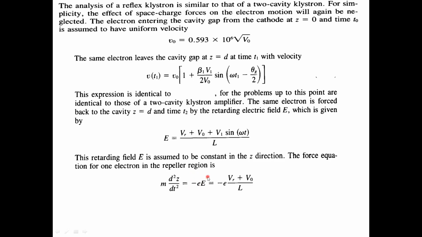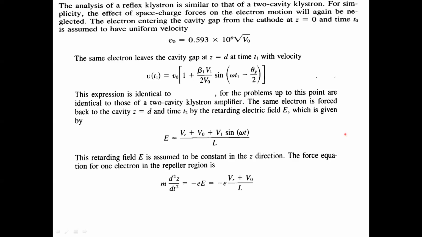During the retarded current, we are taking the instantaneous value, so this term is going to be neglected. So what is the final equation? m d square z by dt square equals minus e E. What is the latest revised equation for capital E? It is V R plus V naught divided by L. Clear?